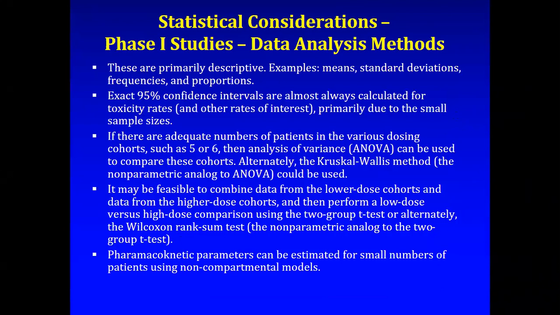Again, that's based on patient numbers and expected toxicity rates. So we have to start somewhere, but sometimes we do create tables of those in the protocols. So that's where statistics is involved in phase 1 studies, in those aspects.